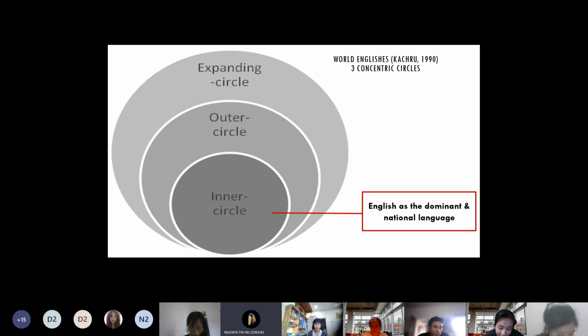And I think in this circle we have India, Malaysia, Singapore, and some others. Okay. So what is the status of English in those countries?